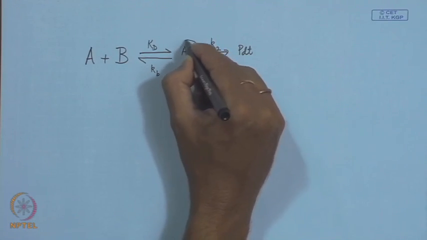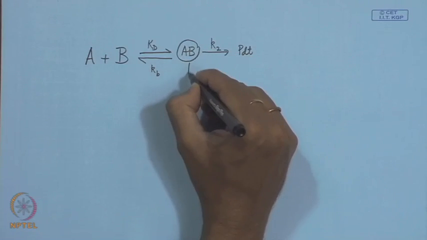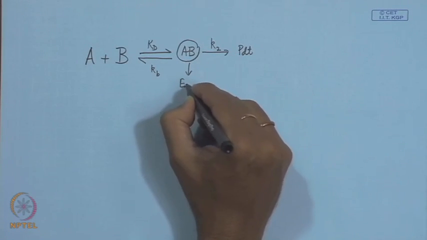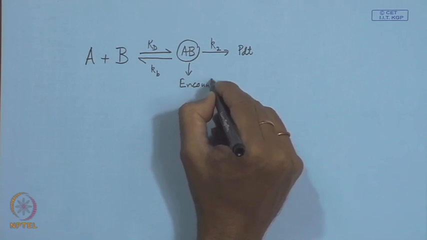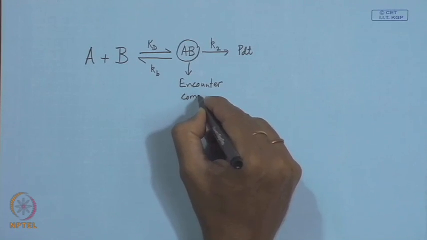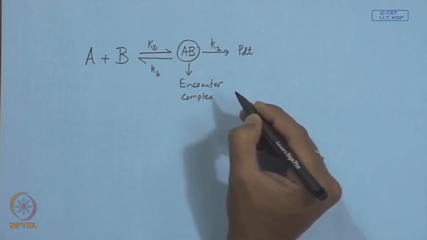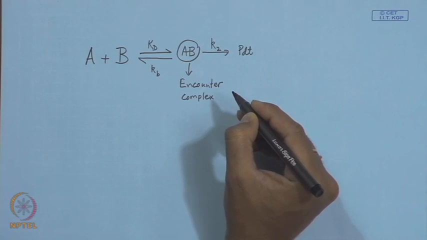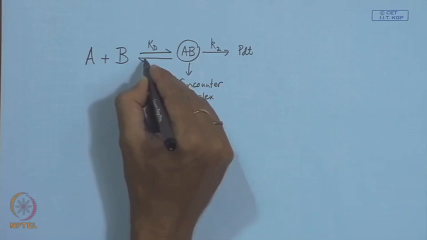So, this is your encounter complex. Kb is the unimolecular rate constant for the dissociation of the encounter complex.